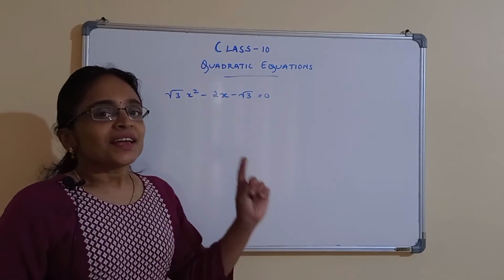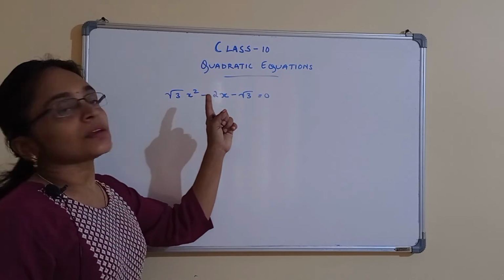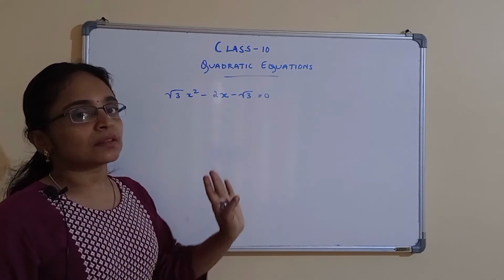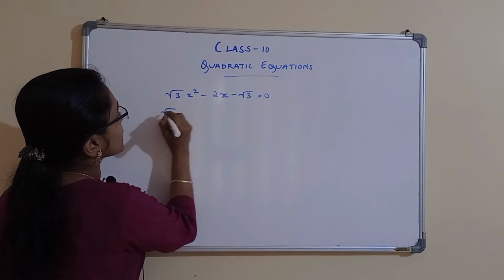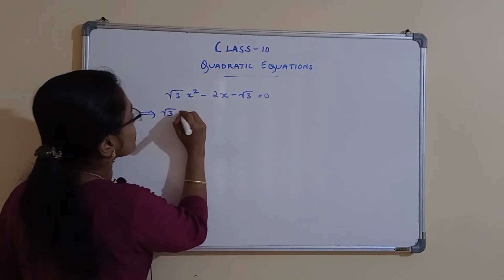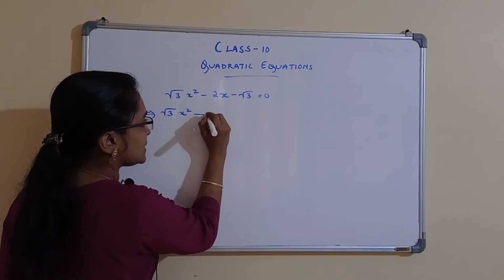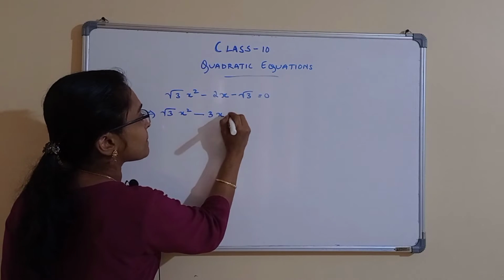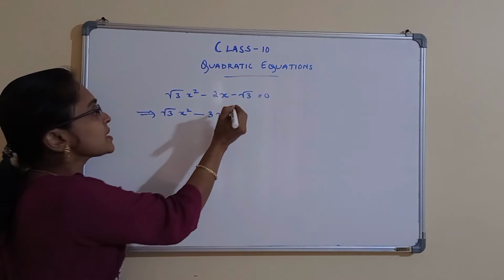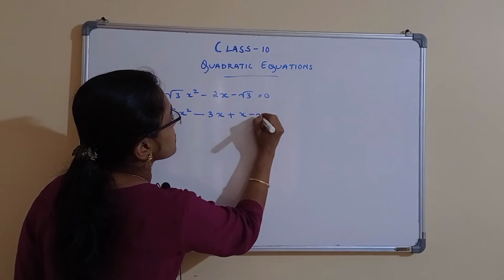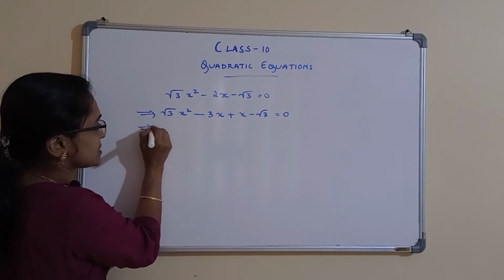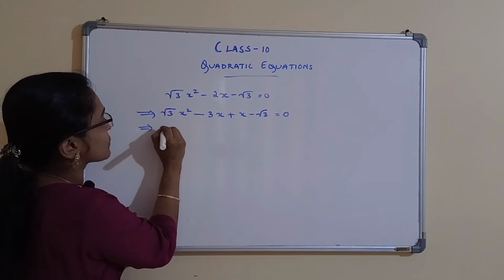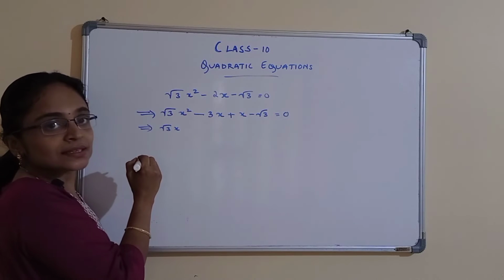Okay. Next question is find the roots of this equation by the method of factorization. So we can write this as root 3. We can split the middle term as root 3x square minus 3x plus x. Minus 3x plus x is minus 2x. Minus root 3 is equal to 0. So this implies we can take root 3 outside, root 3x from this, right?